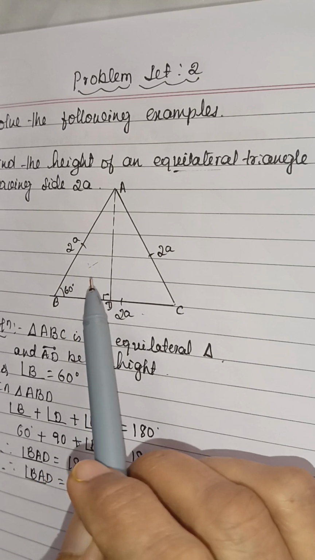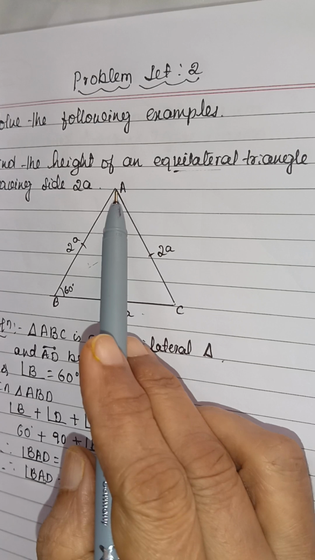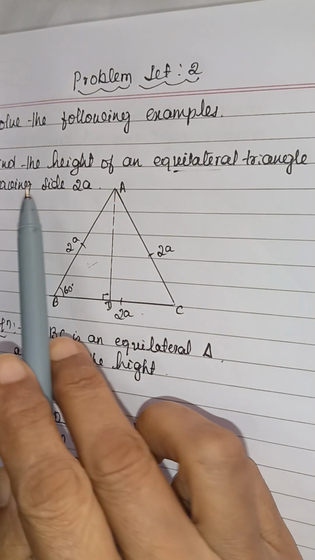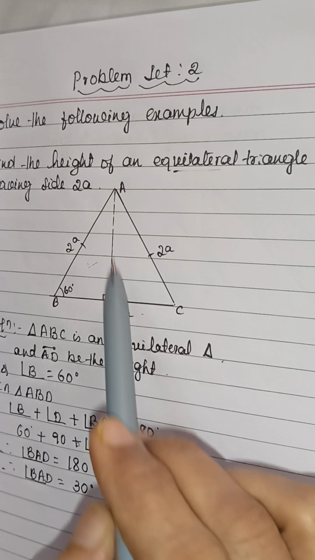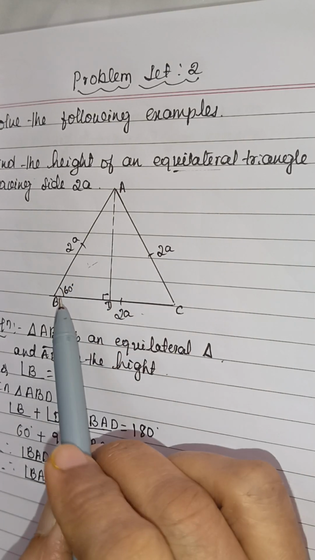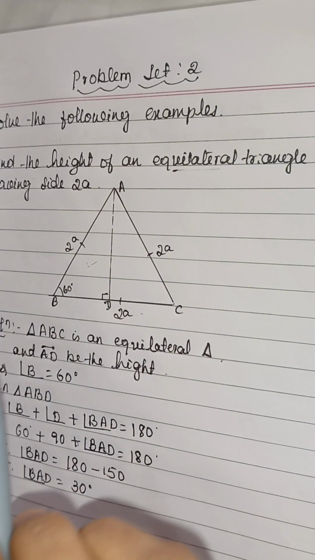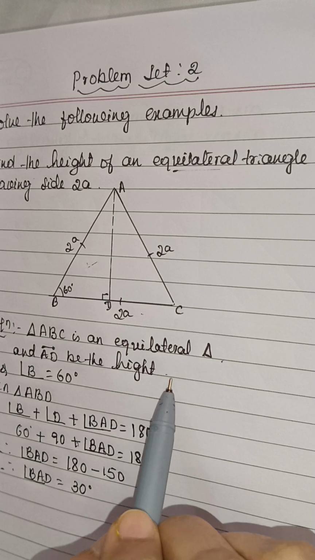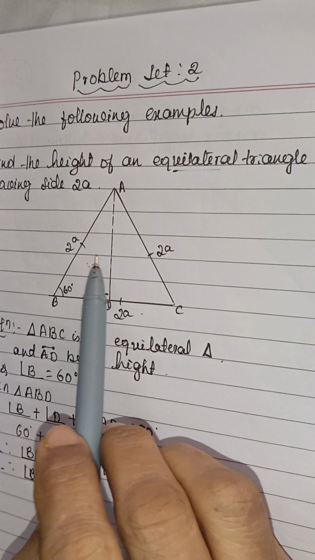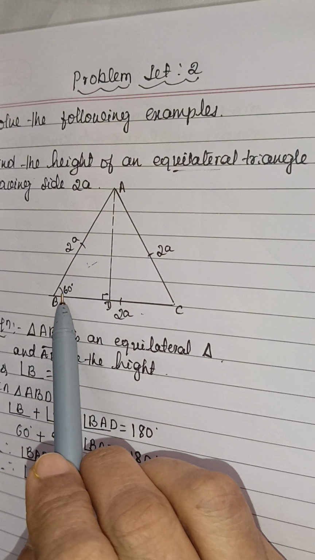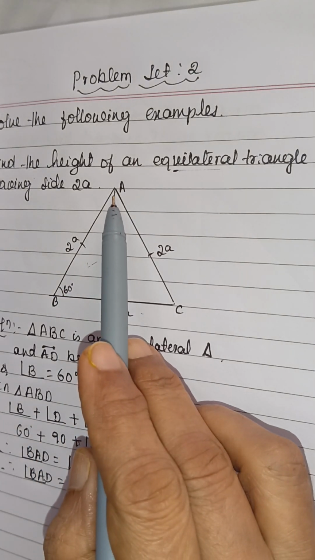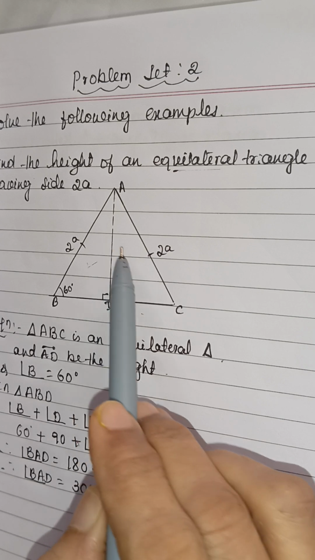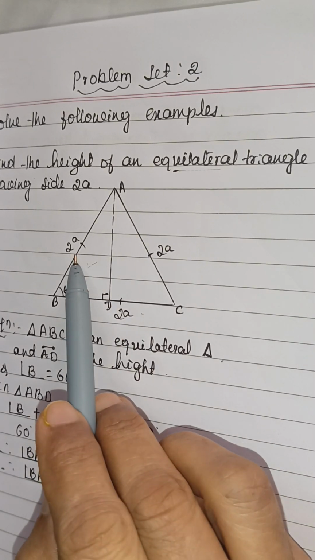Now we have to find the length of AD, the height. According to the 30-60-90 degree property, the side opposite to 60 degrees is root 3 by 2 times the hypotenuse.